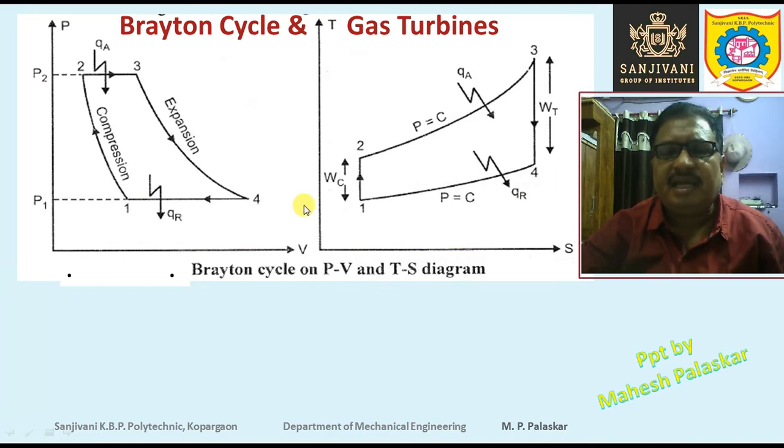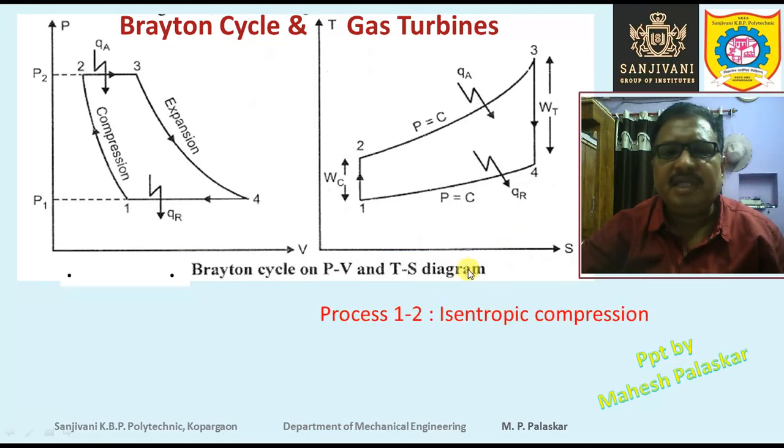So this is a diagram which shows the representation of the Brayton cycle on the PV diagram and the TS diagram. So this Brayton cycle will indicate the working of the constant pressure gas turbine. So let us study the various processes in the Brayton cycle one by one.